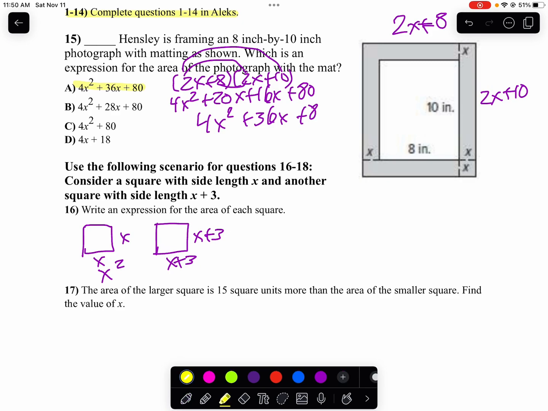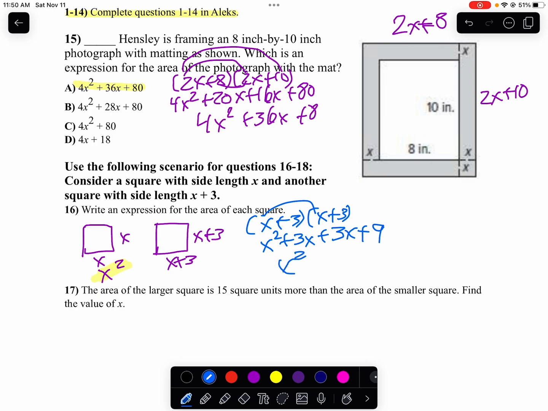Don't have to do too much for the first one. So that's x squared. The second one is going to be x plus 3 times x plus 3. And so we get x squared plus 3x plus 3x plus 9 when we distribute. Our x squared plus 6x plus 9. That would be the area of the second one.